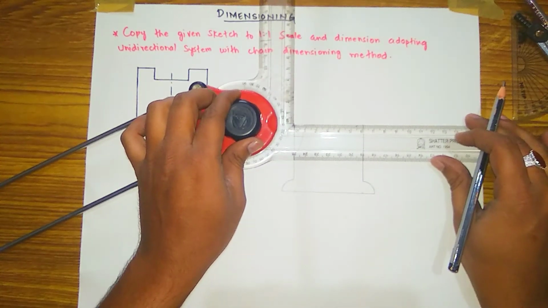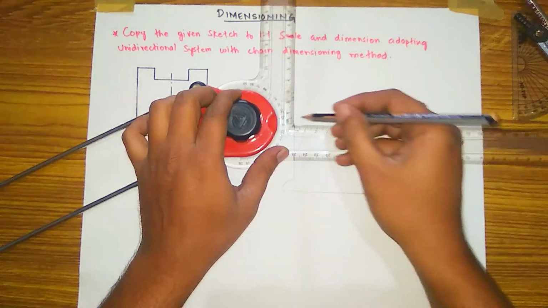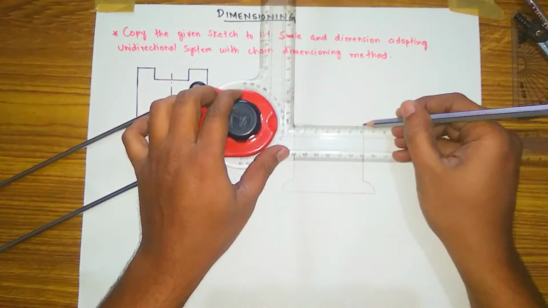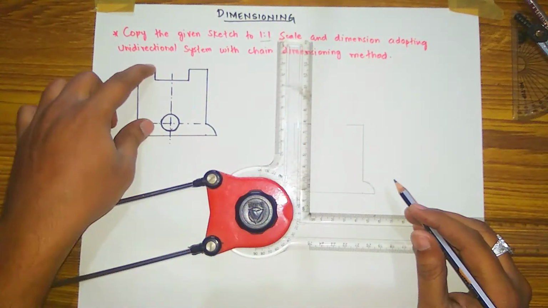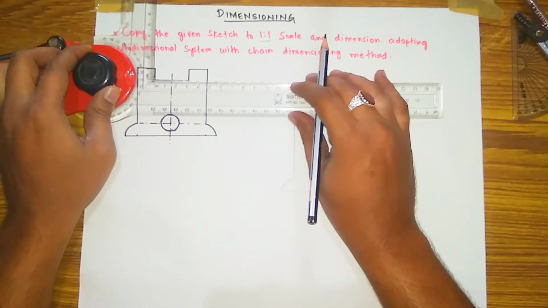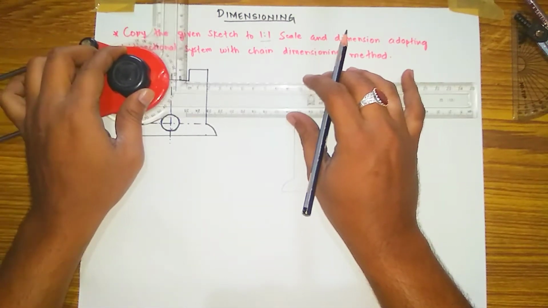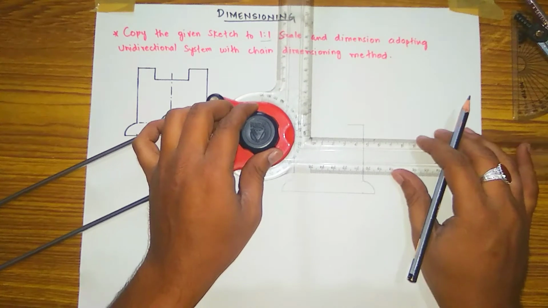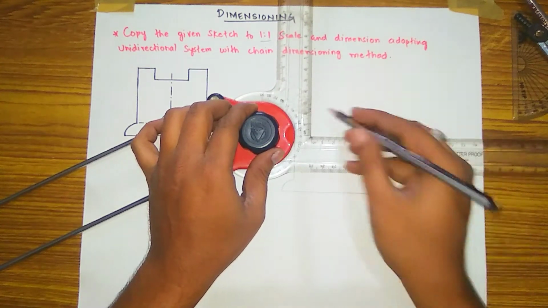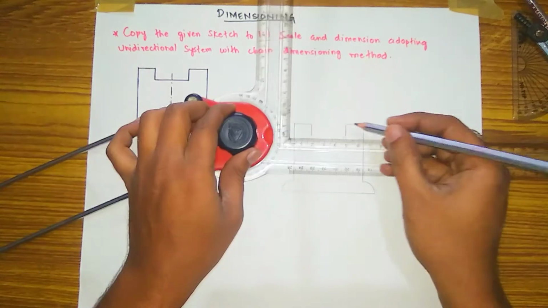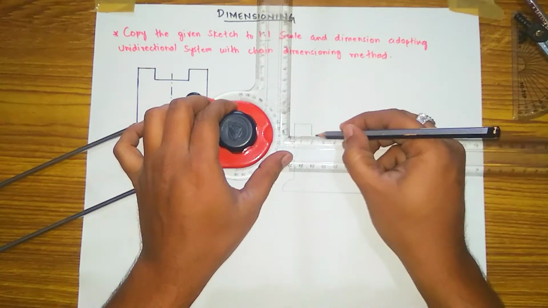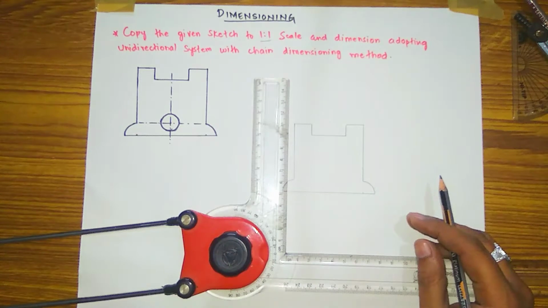So draw a 15 mm line, 15 from here and 15 from here. Then how much is this line? That is 10 mm, and this is also 10 mm. So draw a 10 mm line like this. Then join the remaining line and you will get the outline.